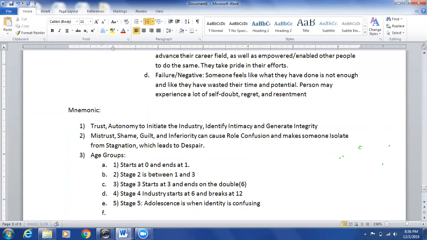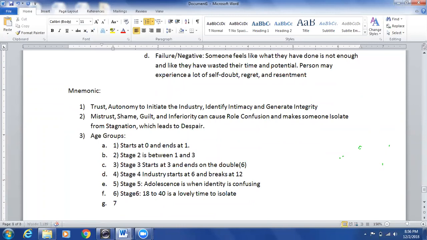And then stage 6, 18 to 40 is a lovely time to isolate.